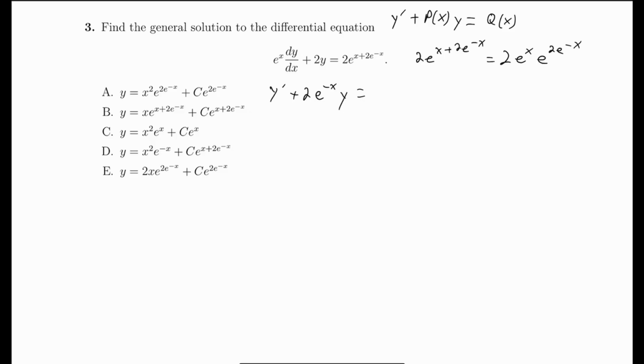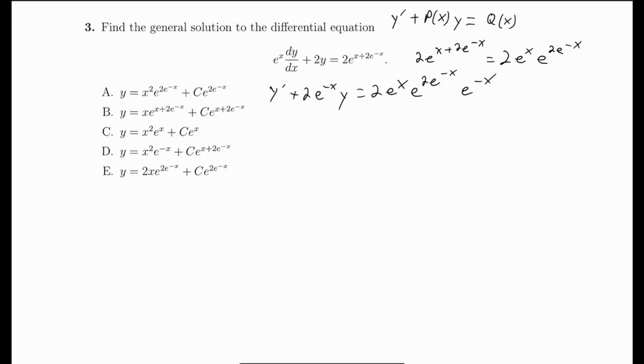Again, this is just like e^x times e^y is equal to e^(x+y). I just went backwards. It'll make sense why I did that in a second. So we will write this as 2e^x times e^(2e^(-x)), and then multiply it by the e to the negative x.